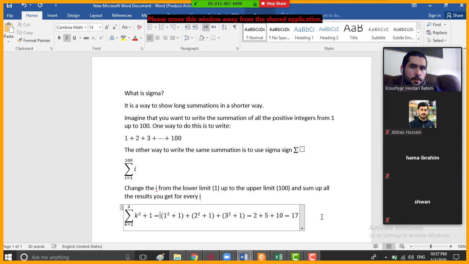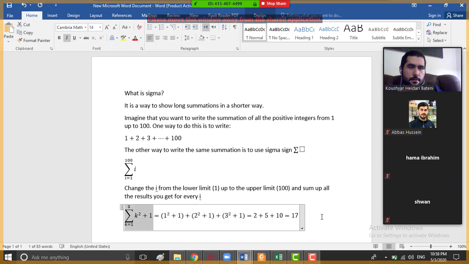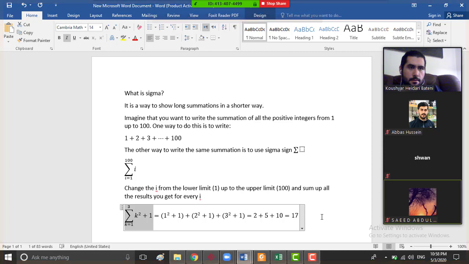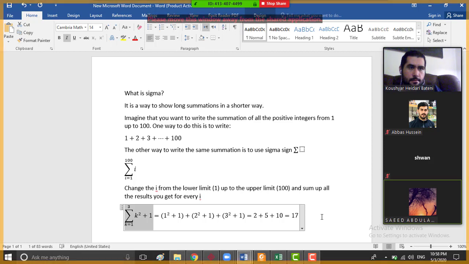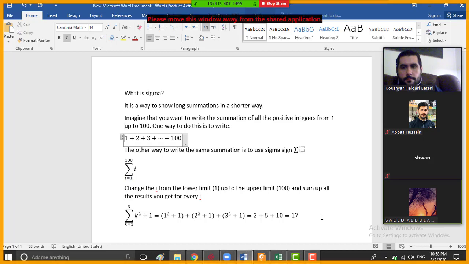So we wrote our summation in a shorter way. Yes? All of you understand what I'm talking about? Yes. Very good. k squared plus 1 equals 17. Exactly.